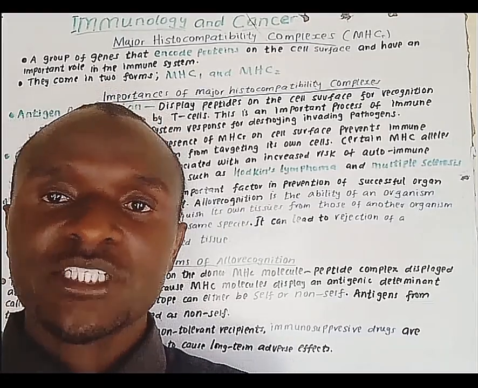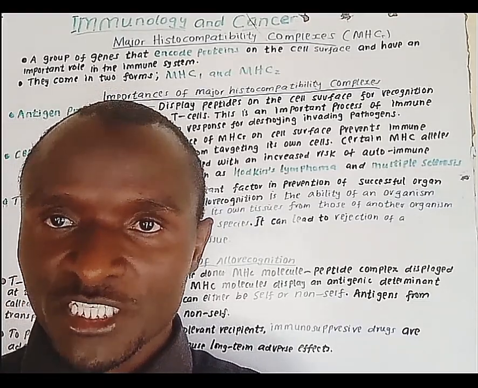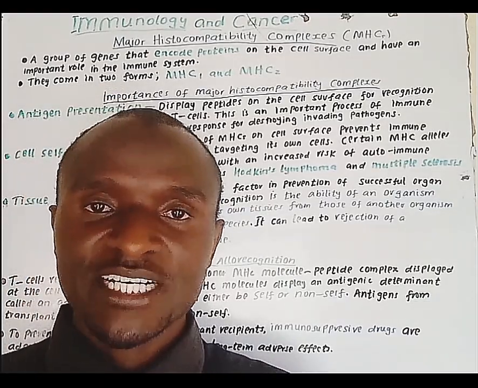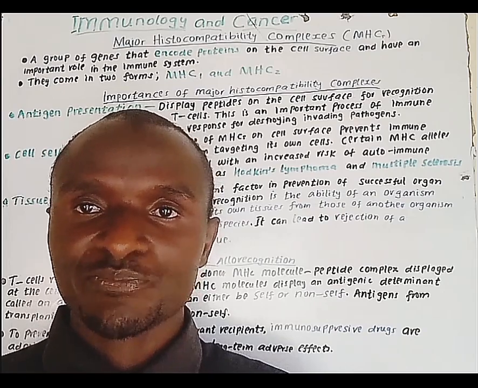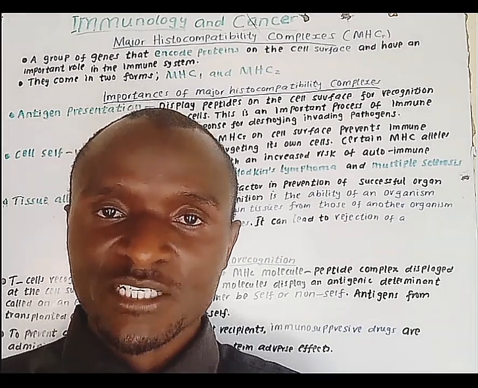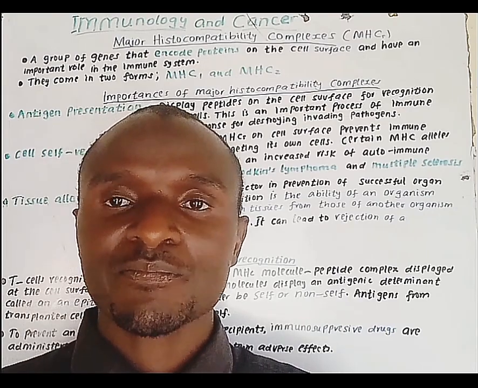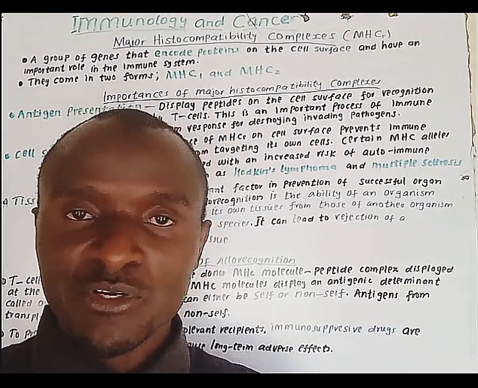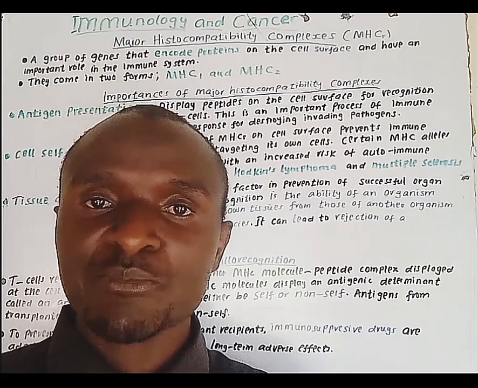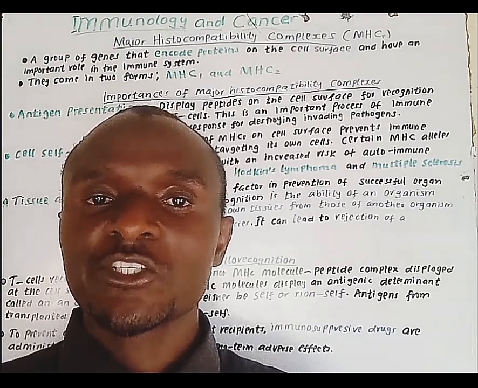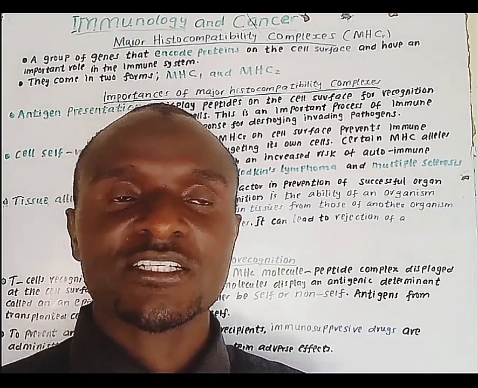So what are the importances of major histocompatibility complexes? The first importance is antigen presentation. MHCs display peptides on the cell surface for recognition by T cells. This is an important process of an immune system response for destroying invading pathogens.